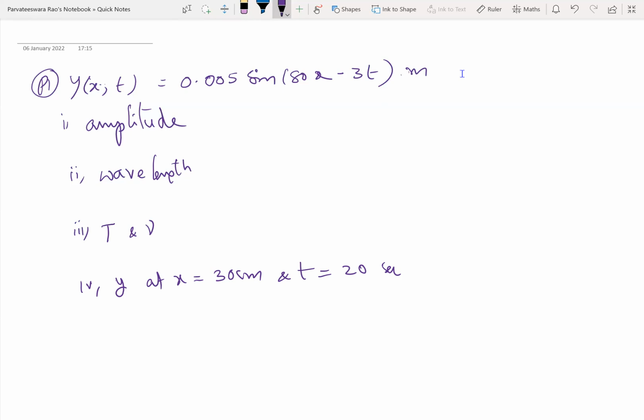So if you want to solve this problem, you have to compare it with y is equal to R sine (kx minus omega t). Here k is equal to 2 pi by lambda, the wave propagation constant.